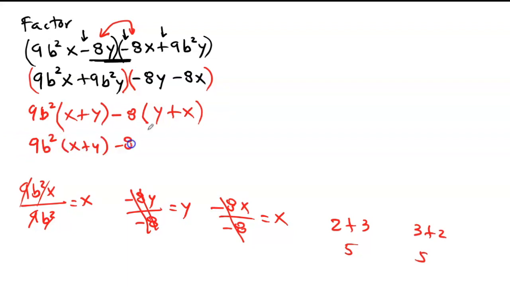Instead of y plus x, I'm going to have x plus y. I'm not taking another parenthesis. I'm not doing anything illegal. I'm just organizing. So let's write our final answer. Common parenthesis, x plus y. Whatever's on the outside goes to your second parenthesis.